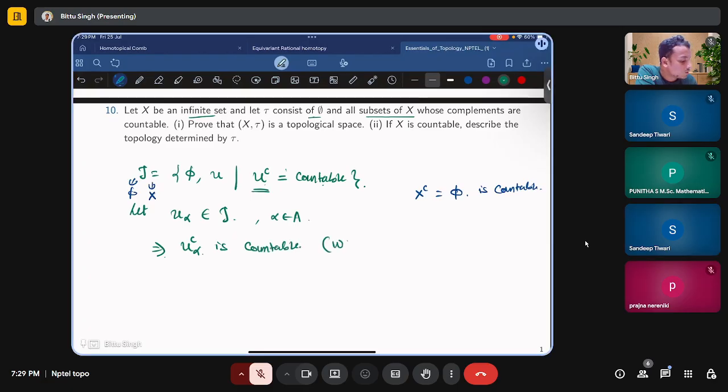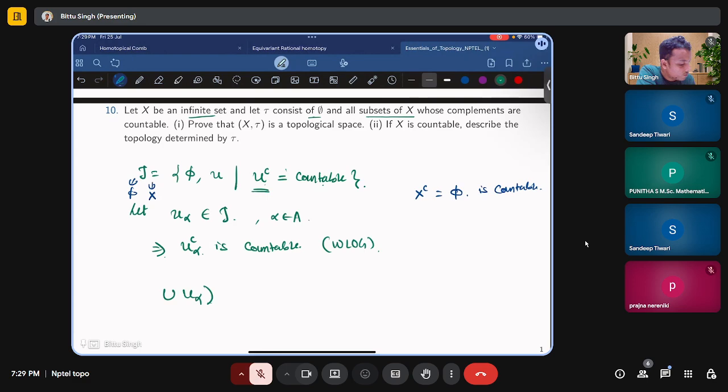This is without loss of generality because if we take the union there is no issue. Now observe this fact.